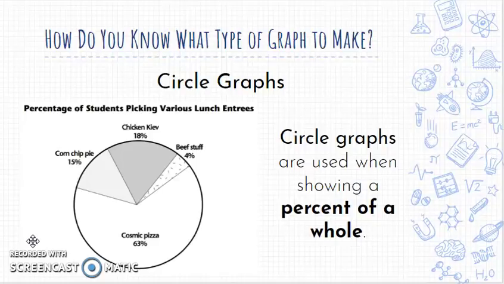In this case, you're showing the same different pieces of information, but without your x and y axis. So we have our title, you have your groups, and you have the percentages or the values written along the side. In this case, the key is written right on the graph. Sometimes the pieces of the pie are too small, so then you would make your key off to the side.